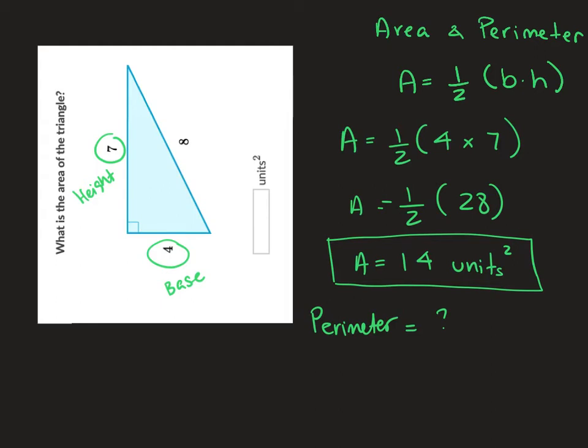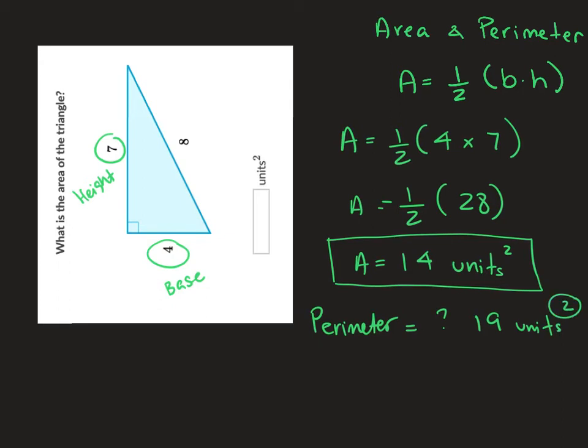Okay, that sounds about right. Because if you add the numbers around the triangle, 8 plus 7 plus 4, 15, 17, 18. Well, hold on. 8 plus 7 is going to be 17, 18, 19, 20, 21. Am I doing this wrong? Oh, yeah, I see. 19 units. 19 units.